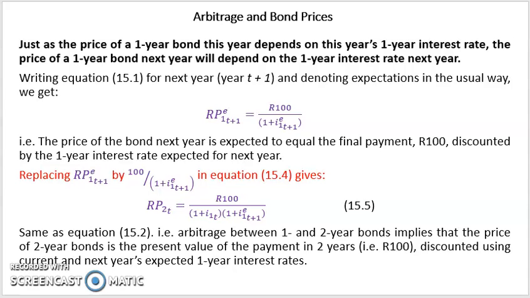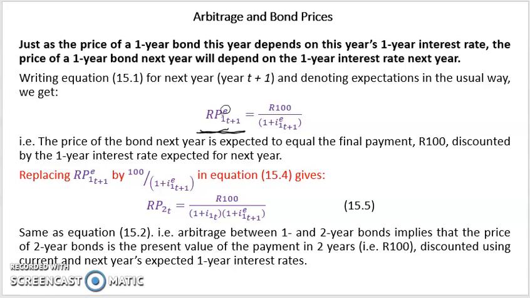So writing equation 15.1 for next year means denoting the expectations in its usual form, meaning that now we denote the price of the bond expected next year by its expression of expectation, instead of the actual payment this year, the known payment, as we did in 15.1.